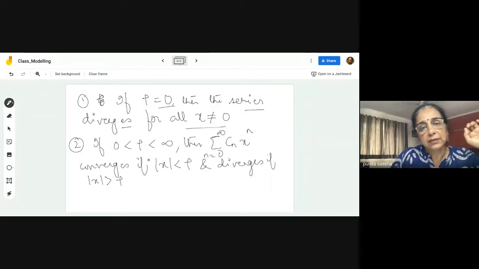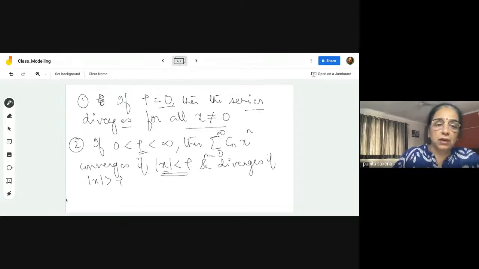Is this clear? Okay. So that means in case this rho turns out to be a finite number, it is going to tell us the radius or the values around which that power series is going to be convergent. So it is going to be convergent if mod x is less than rho. Otherwise, it is going to be divergent.